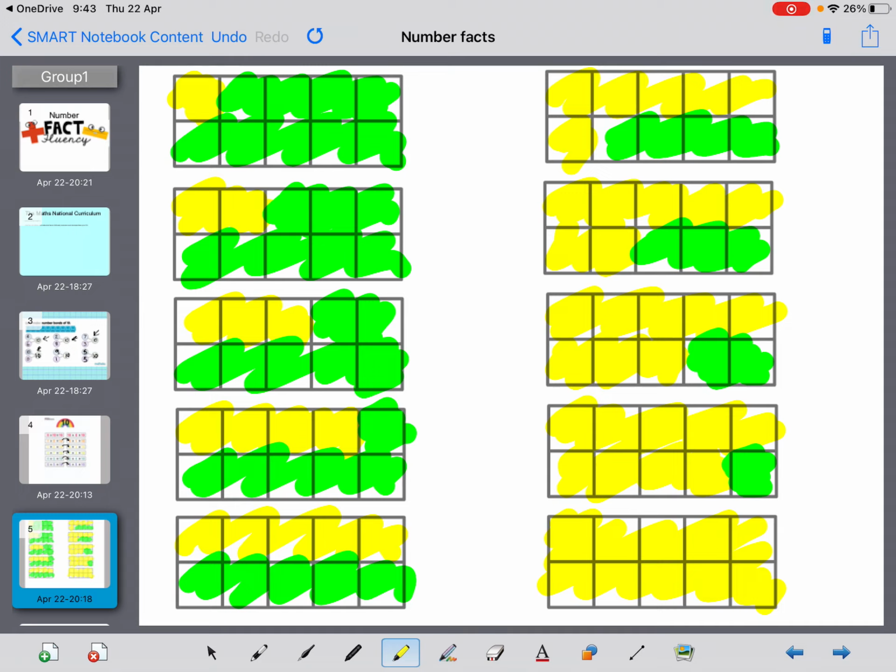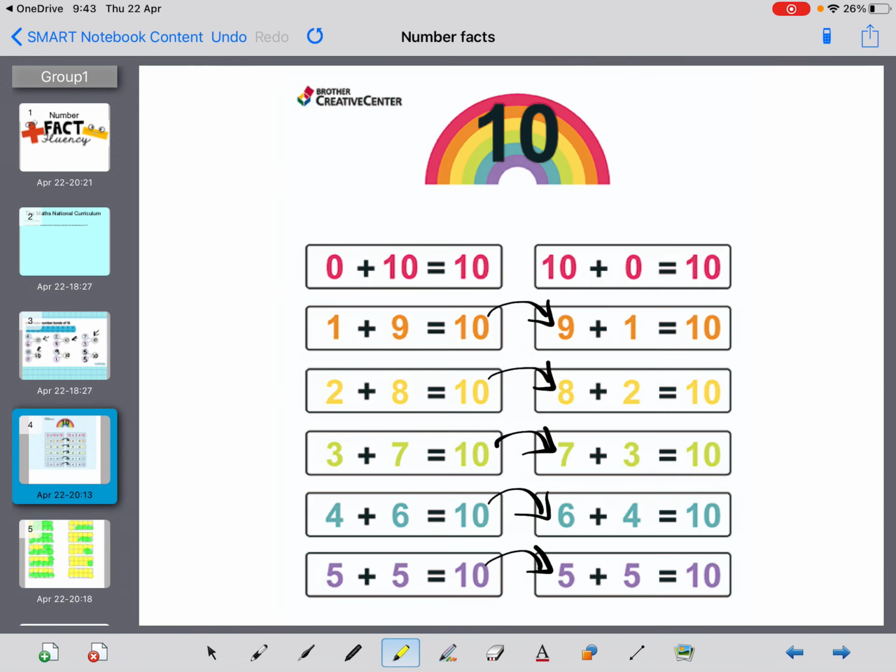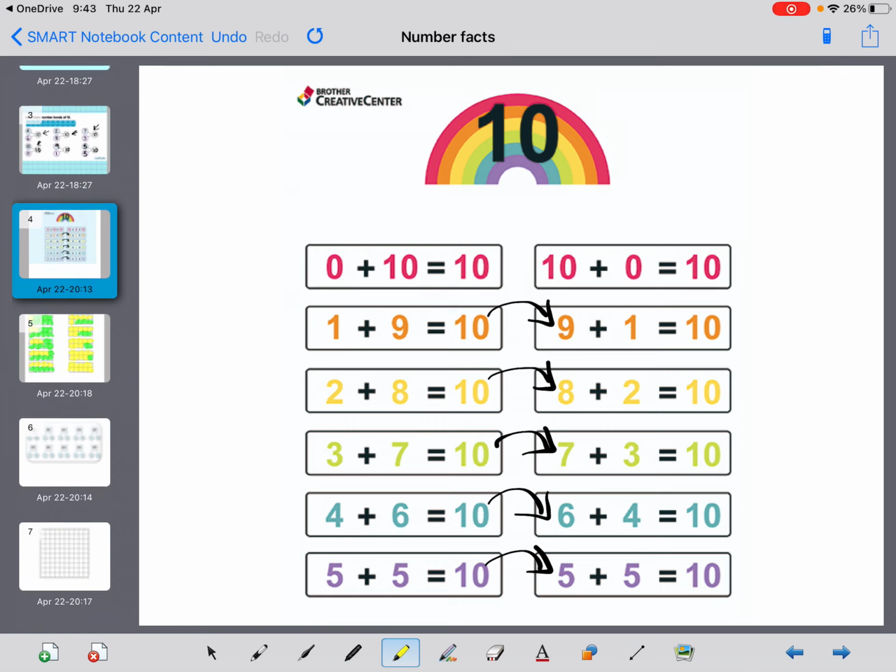So children go from being able to create and make number bonds to 10 to remembering them off by heart.